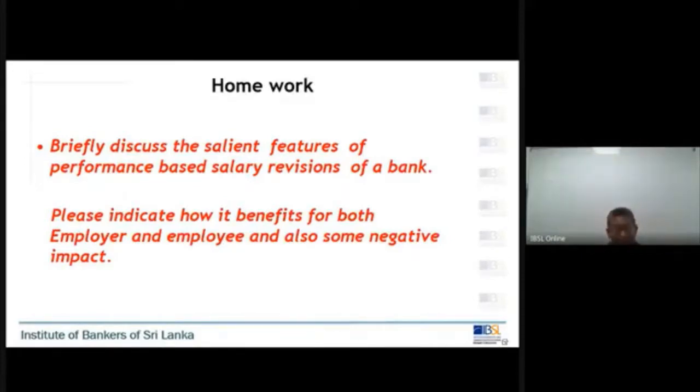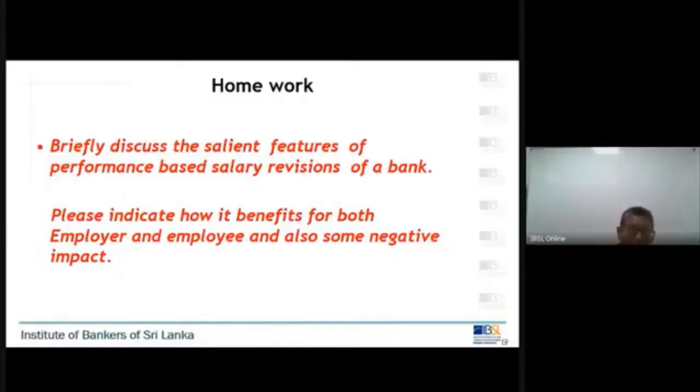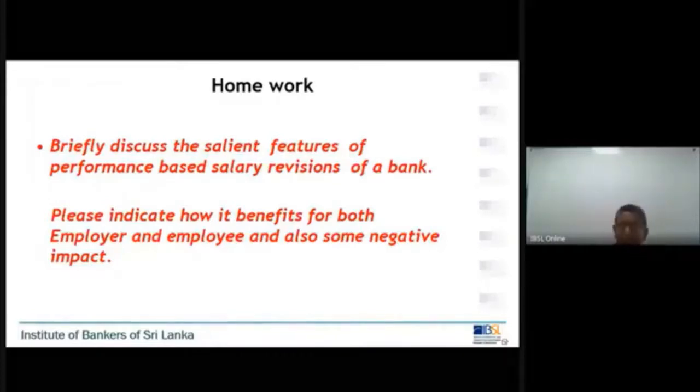Now the question is asking what the specific salient features are. Now son, remember, the moment the examiner asks you for the salient features, you need to look at it from the positive as well as the negative. Both you have to explain.